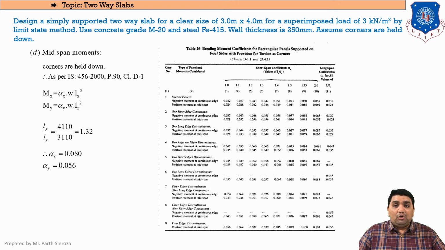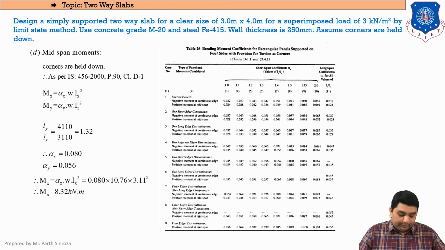After calculating the coefficients, we will find the bending moment. The first thing will be to calculate Mx. The value of Mx here will be 8.32 kilonewton meter, and the value of My similarly will be 5.83 kilonewton meter. So these are our bending moments, 8.32 in Mx, that is in x direction, and 5.83 in My, that is in y direction.